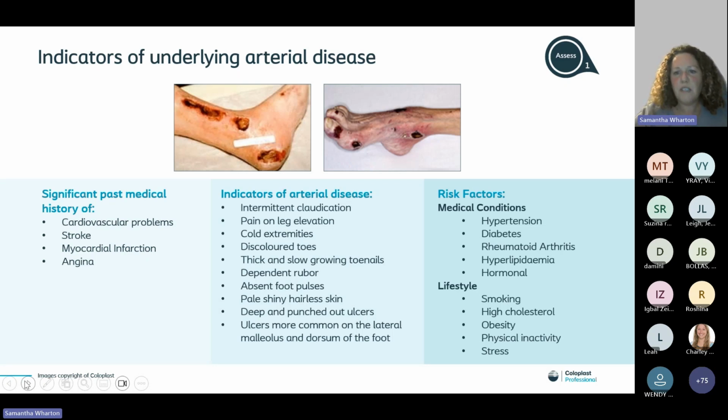So some of those risk factors, again, hypertension, diabetes, rheumatoid arthritis, and then the lifestyle. So smoking, obviously, you're going to be more at risk because you're going to be clogging up those vessels, high cholesterol, obesity, physical inactivity, and stress.